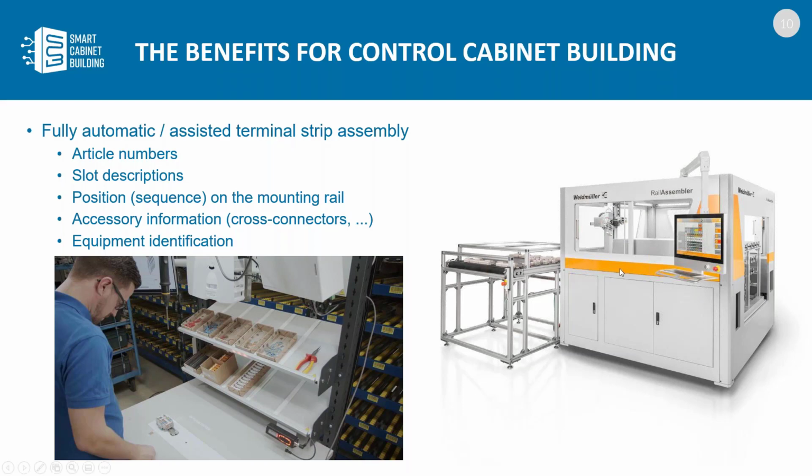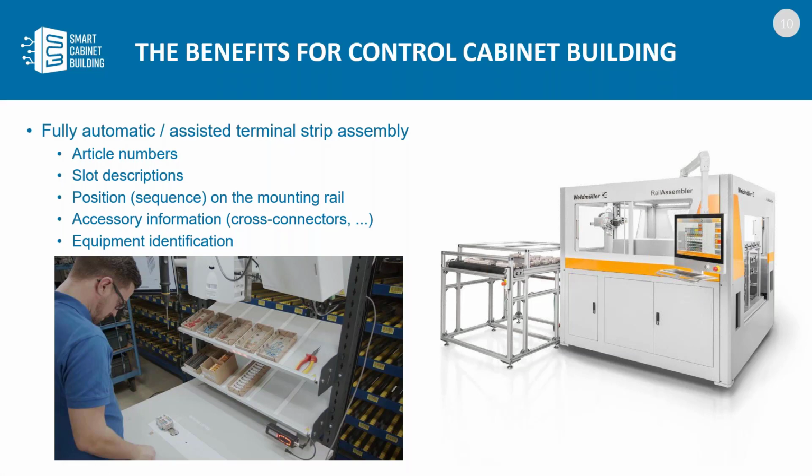then the system is automatically leaving some empty space, and this empty space can then be completed by our assisted solution with the ELAM workplace. There you get digital information of all components which have been assembled on the pre-assembled terminal strip.